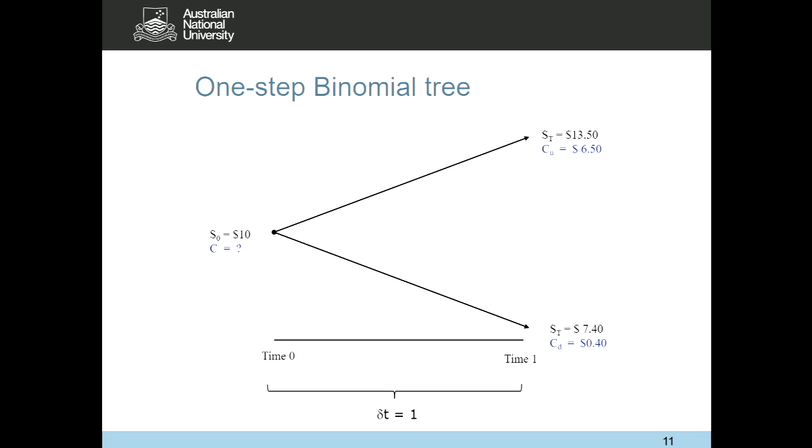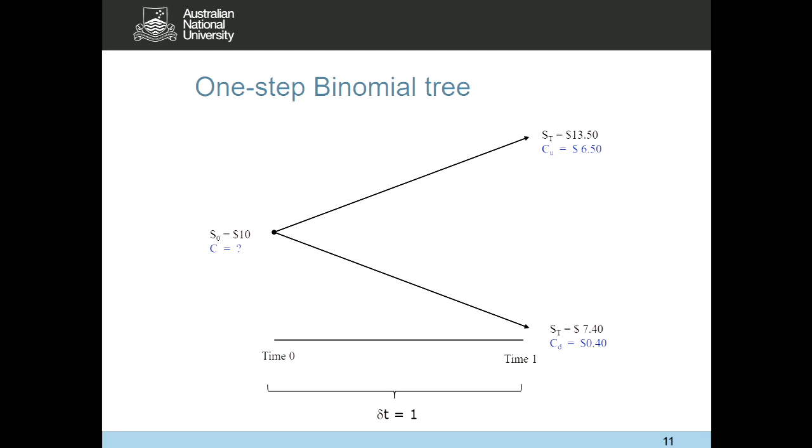Yes, because the final spot price of $13.50 is higher than the strike of 7. If you exercise this call option, you make a payoff of $6.50. So that's $13.50 minus 7, which gives you a payoff of $6.50.